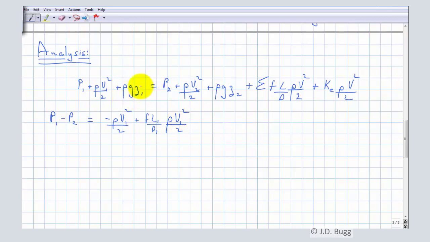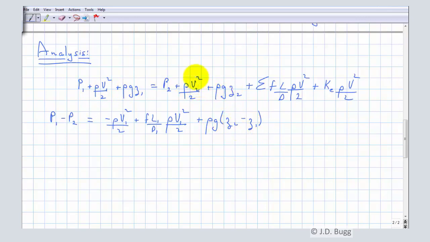The elevation term I'm also going to take over to the other side. So we'll have there plus rho g Z2. So that's this part. And then minus Z1. That's this part moved over to the other side. So I've got my two pressures taken care of. I've got this kinetic energy term taken care of. I've got the elevation terms brought down here.